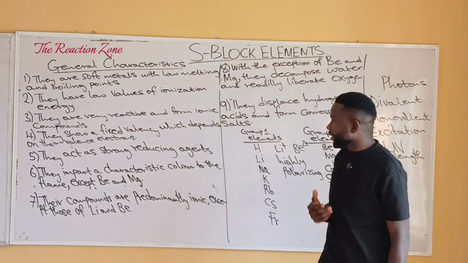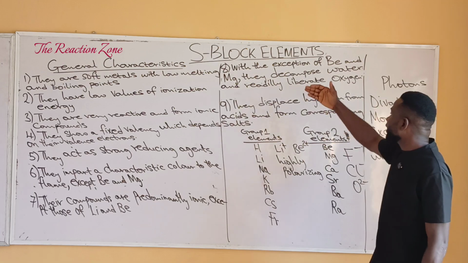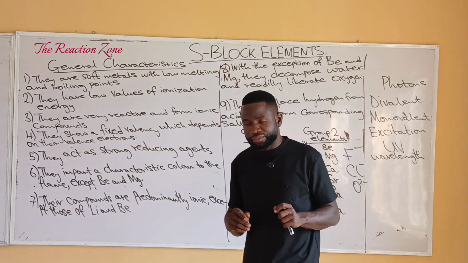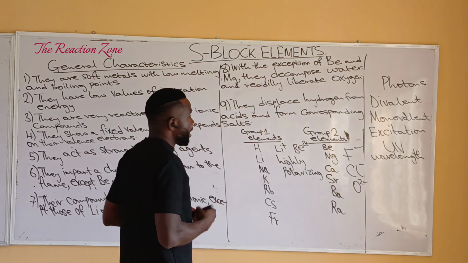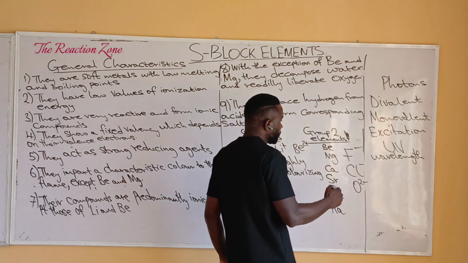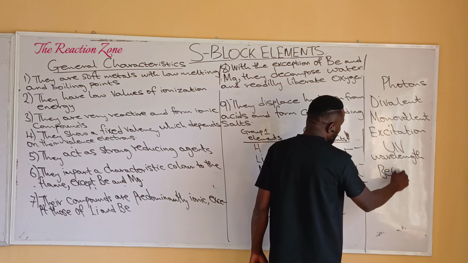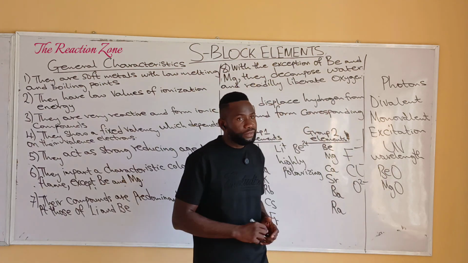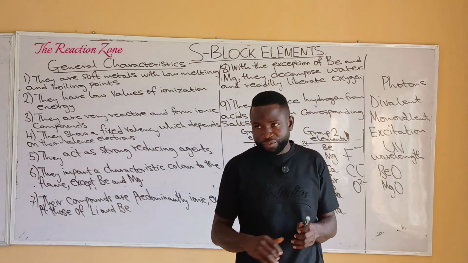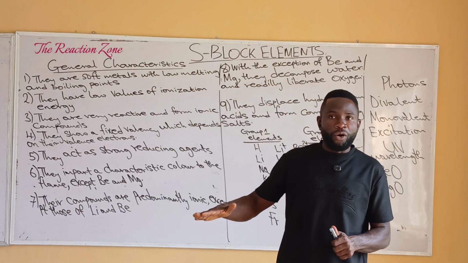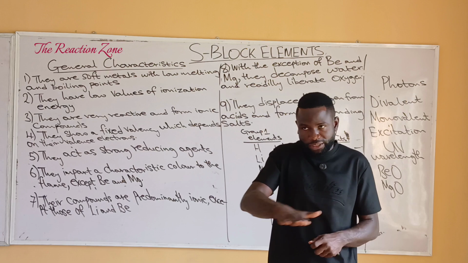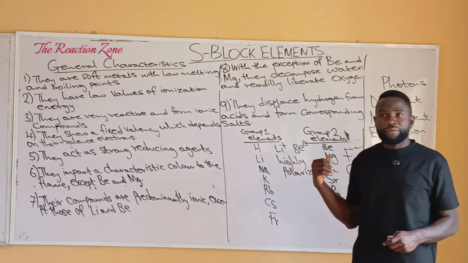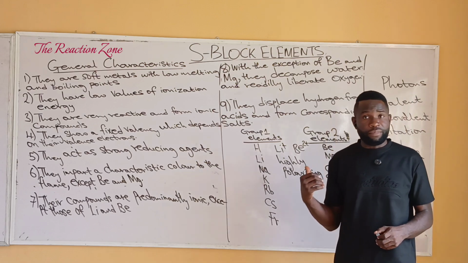The second reason why they don't decompose water and readily liberate hydrogen is because on exposure to air, beryllium and magnesium form oxides, beryllium oxide and magnesium oxide respectively. Now, these oxides offer or bring about a protective coating on the surface of the beryllium and magnesium metals.